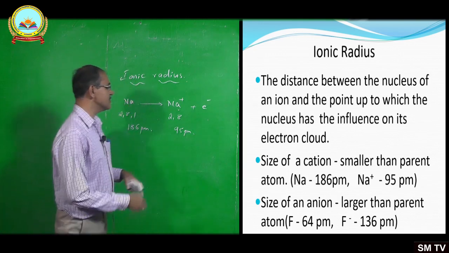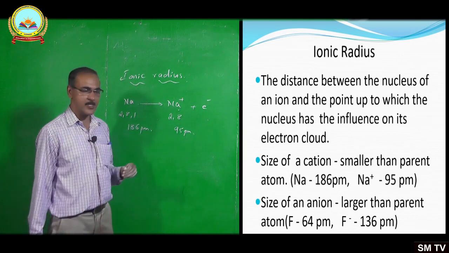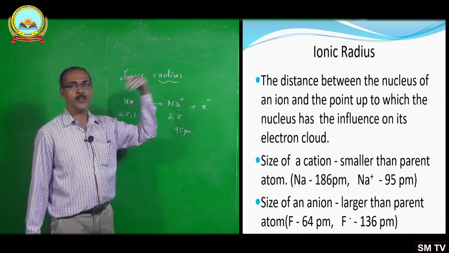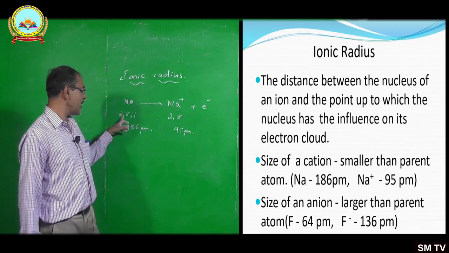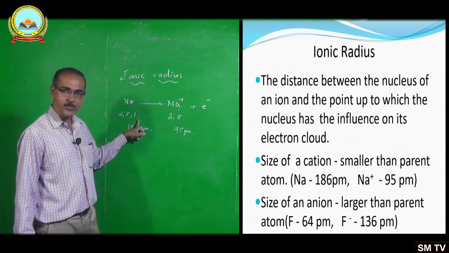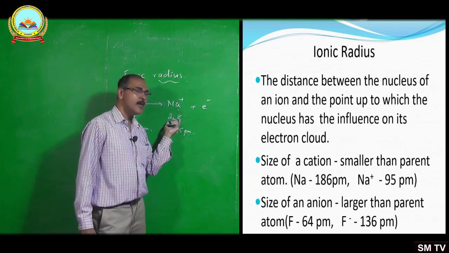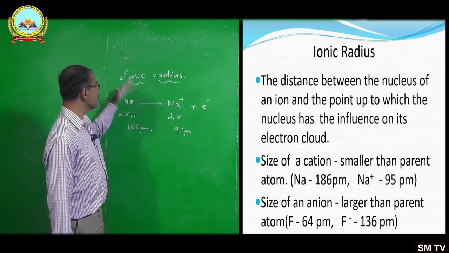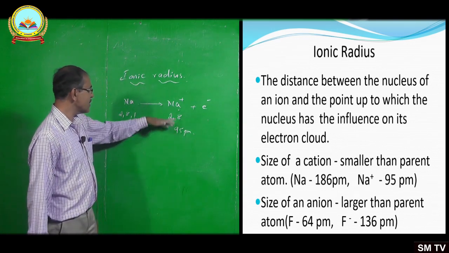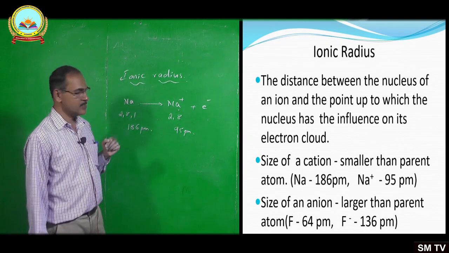See the difference. In the case of Na and Na plus, the outermost shell itself vanishes. Here there are 3 shells, K shell, L shell, M shell, but you have only 2 shells, K and L shells.